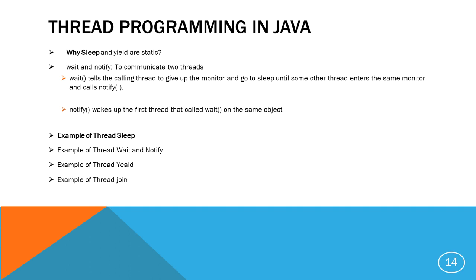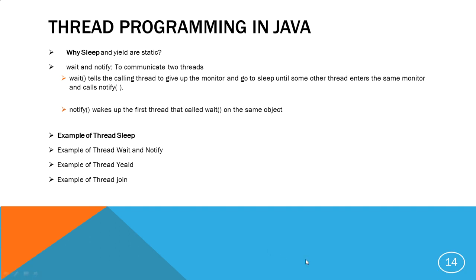So why are sleep and yield static? As I said, those are applied on the current thread, and that is the reason those methods are static. Now, wait and notify. These two methods are not from Thread; they are from the Object class.